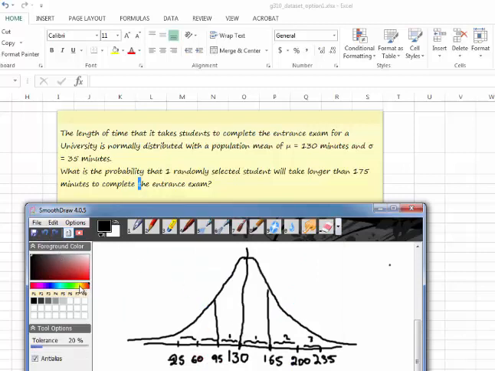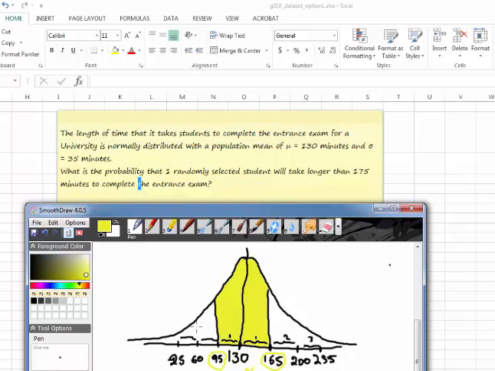Let me make it yellow so you can see it. The students who take from 95 minutes to 165 minutes are going to be 65%.